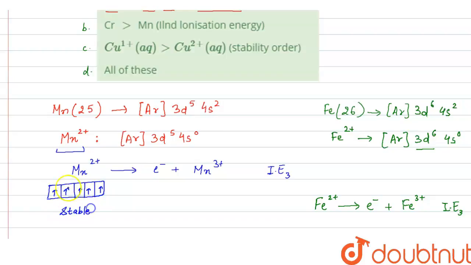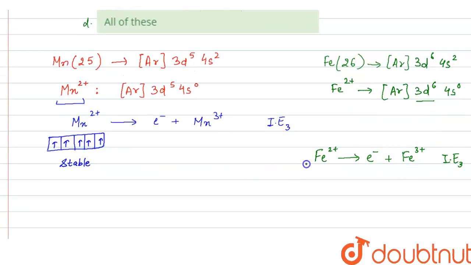If you see Fe2+, we have configuration 3d6. Here in the 3d orbital, there are 6 electrons: 1, 2, 3, 4, 5 and 6. Now in Mn2+, the 3d orbital is stable, so a large amount of energy will be required to remove the electron.